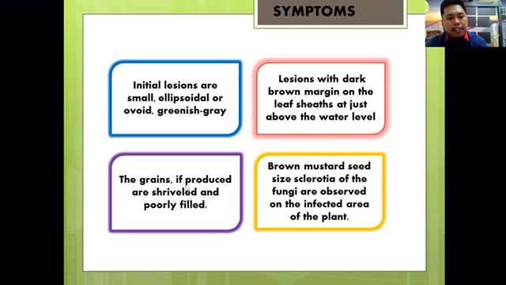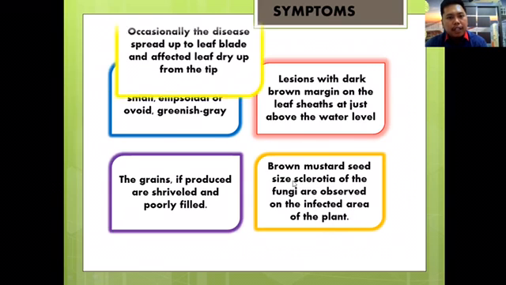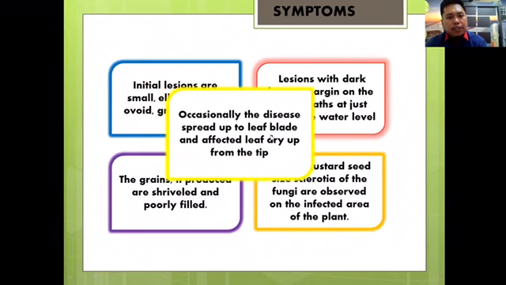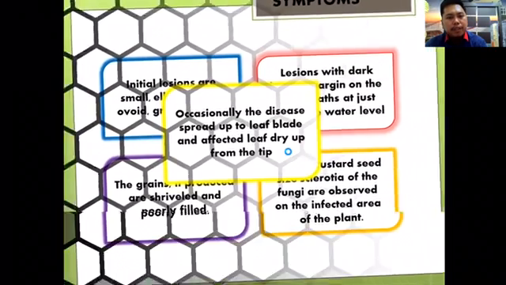Third, the grain is produced shriveled and poorly filled. Brown mustard-seed-sized sclerotia of the fungus are observed on the affected area of the plant. And lastly, occasionally the disease spreads up to the leaf blade and the affected leaf dries up from the tips.